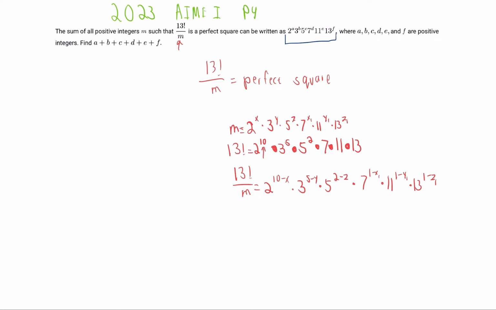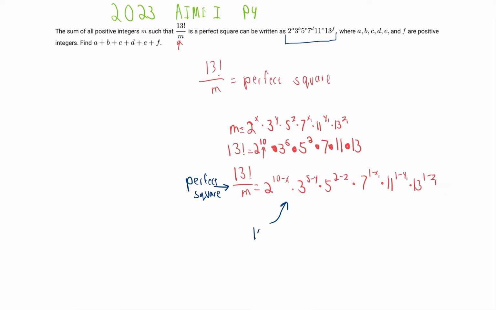Now that we have this, I encourage you to pause the video and try to solve the problem from here. Basically, we know that this number has to be a perfect square because that's what the problem says. So if it's a perfect square, all the exponents are even.